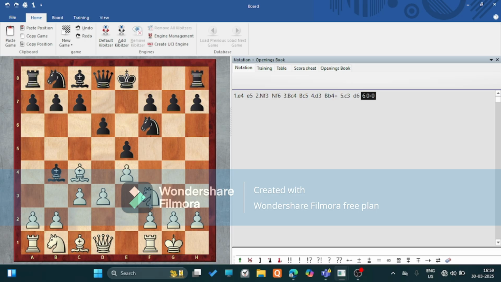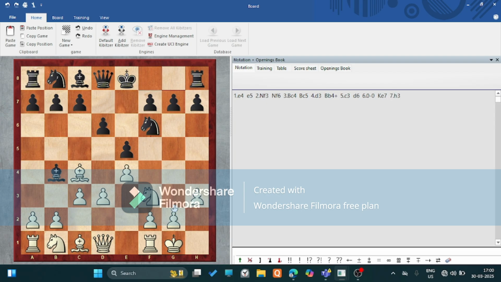Rule number one states that the king cannot castle in check. And second, the king should not have moved from its original position. Now suppose black moves the king over here, we move over here, and now again black moves to the same position.